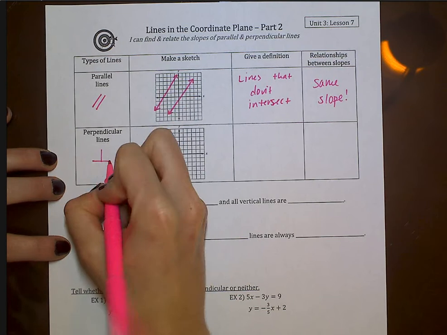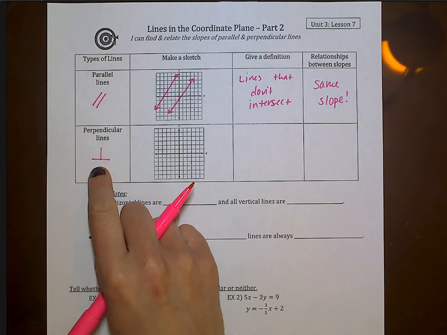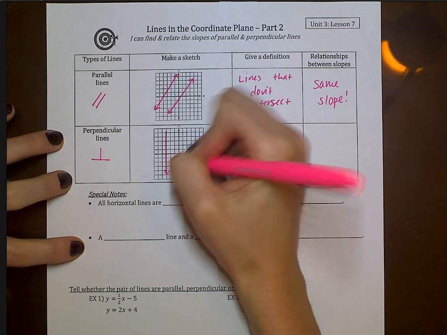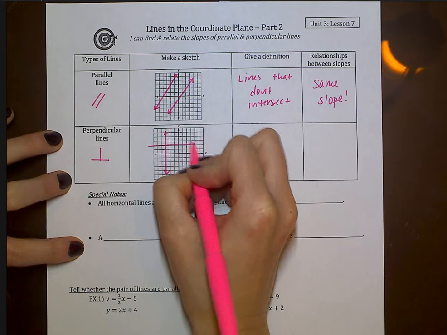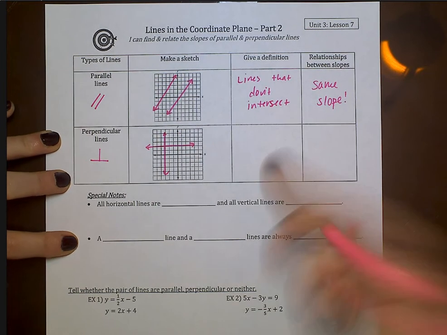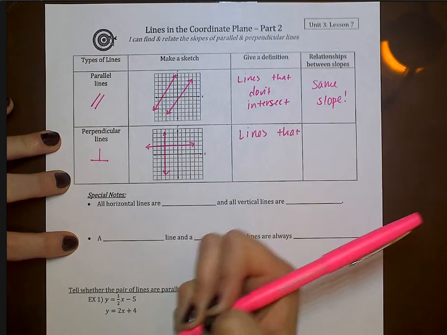Perpendicular, the symbol is an upside down capital T. So if you ever see that, that means perpendicular. We'll see that this year. And if I made a sketch, I could just do something like this. Those look like perpendicular lines. And perpendicular lines, the definition, they're lines, so they do intersect this time, unlike parallel.